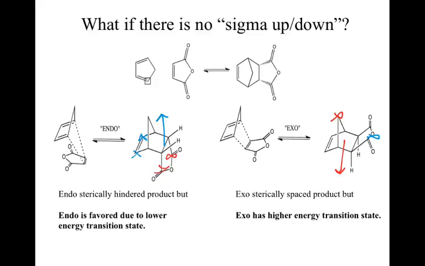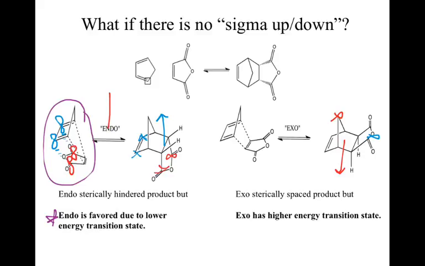But it turns out that our primary driving force here is that our endo is favored because in the endo transition state, the p orbitals of those groups can interact with the p orbitals of our diene. We get a strong stabilizing interaction between those, which then lowers the energy of the transition state.